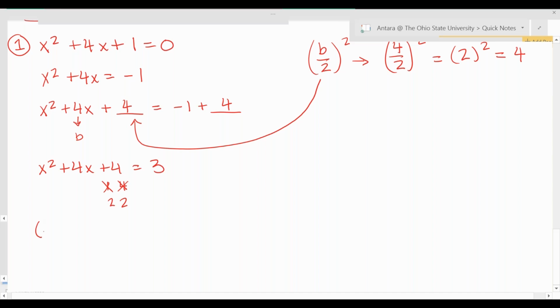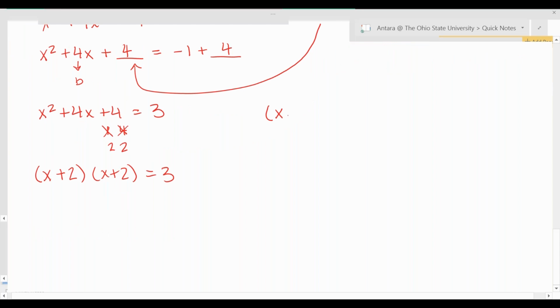So I can do x plus 2 times x plus 2 equals 3. And just to check, we can go ahead and check if x plus 2 times x plus 2 works.